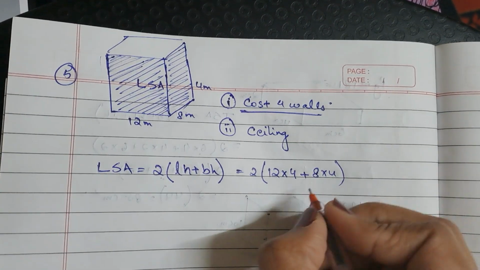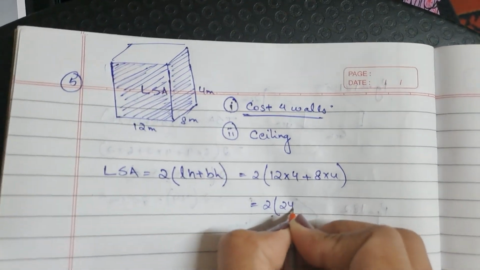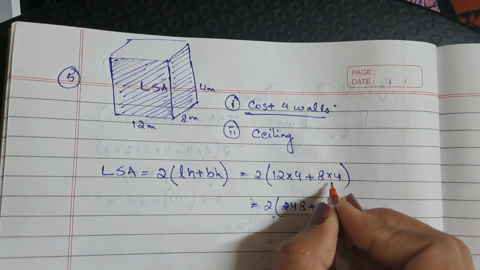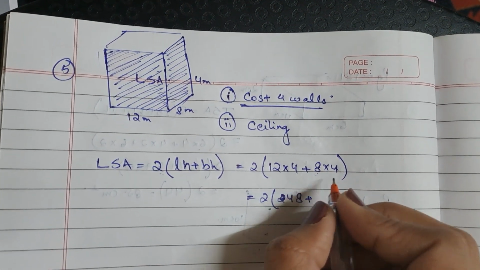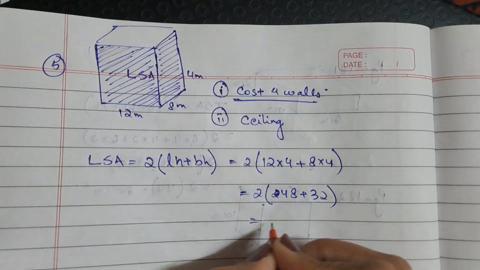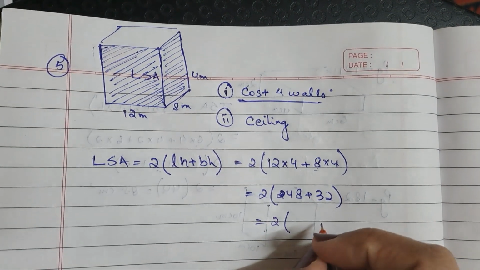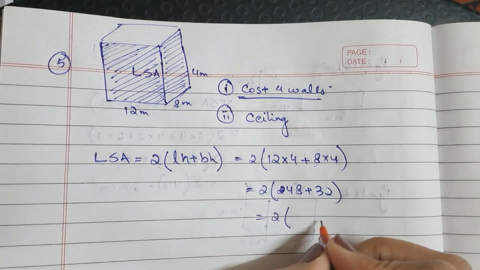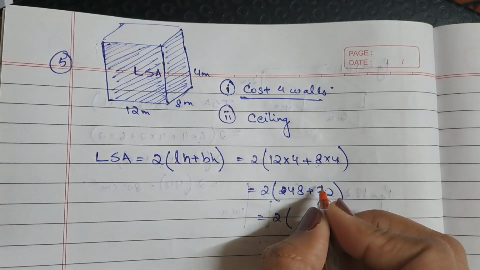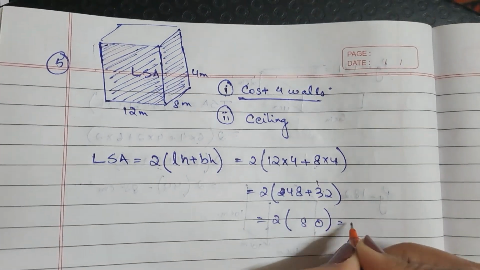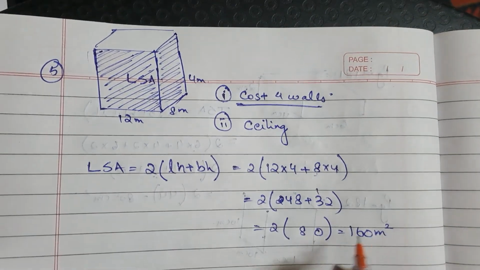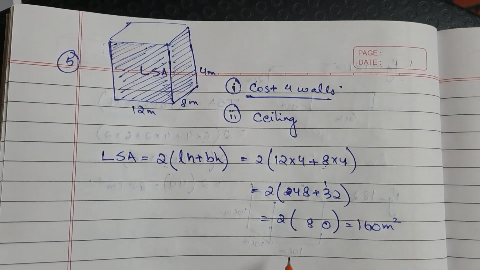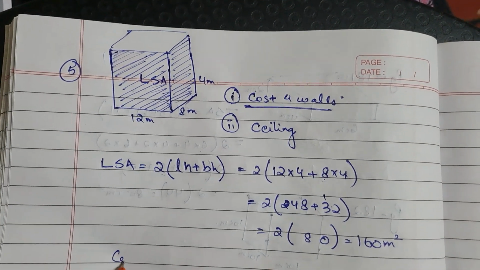Okay, so that becomes 2 times of (48 plus 32), 4 8s are 32. So that is going to be 2 times of 80, which is 160. So 160 meters square is the area of the 4 walls that is to be whitewashed.